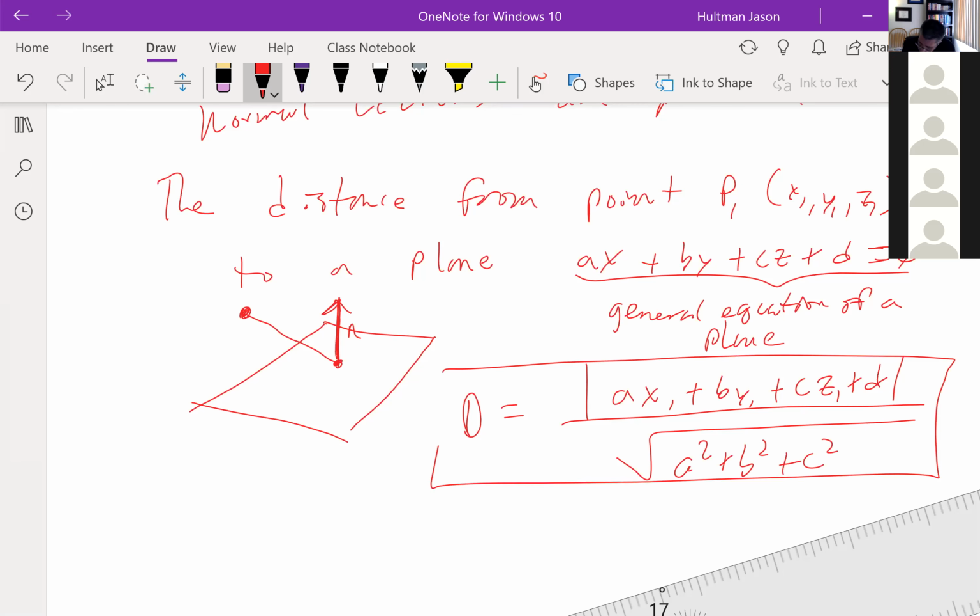It's really the absolute value of the top, over the magnitude of the normal vector a, b, c.